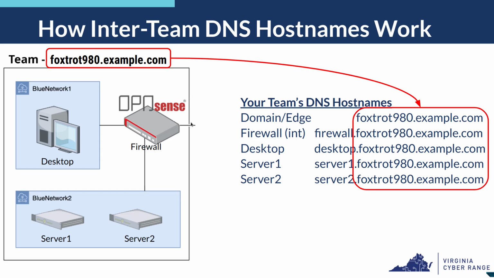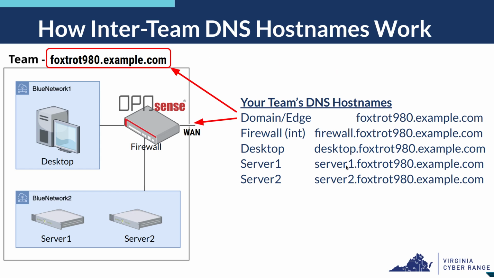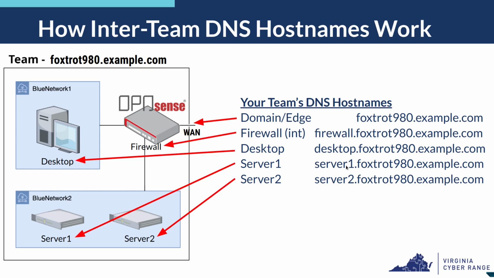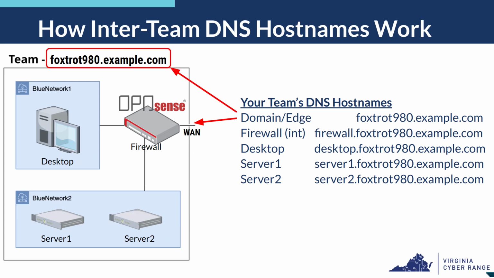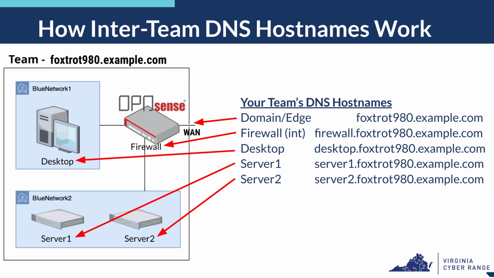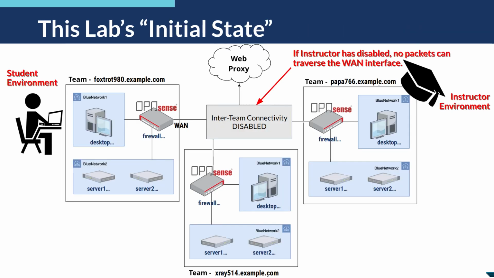If the teacher says go ahead and scan my firewall, I would use the teacher's unique DNS namespace to scan their edge device, as well as explore their various internal IPs using those host names. So like I said, the domain is the edge. The WAN interface is kind of like the internet edge of your firewall, and then the internal names are assigned appropriately.